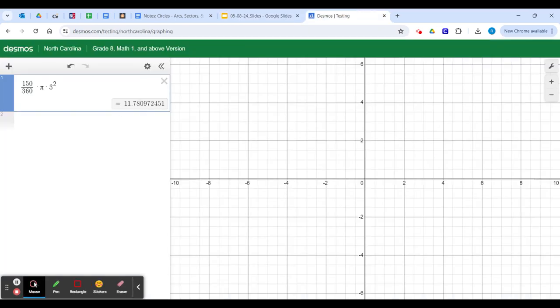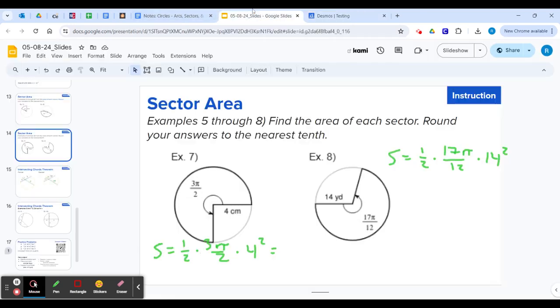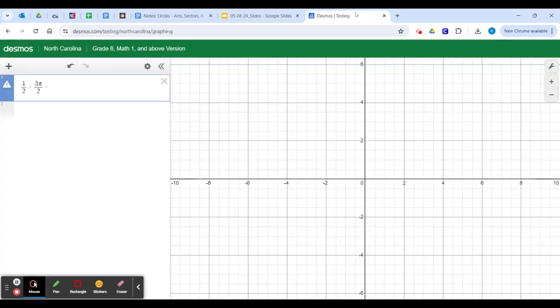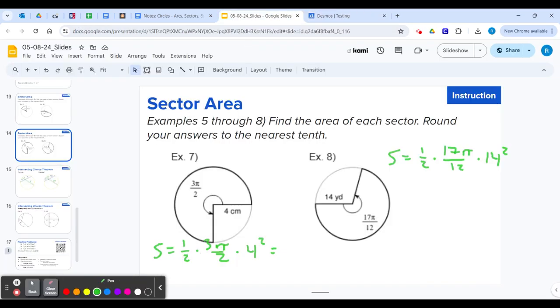So I got 1/2 times 3 pi over 2, times whatever that radius squared is, which in this case is 4 to the second power. We get 37.9. Then our units there are centimeters squared.